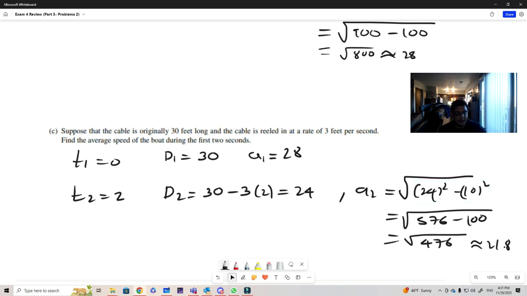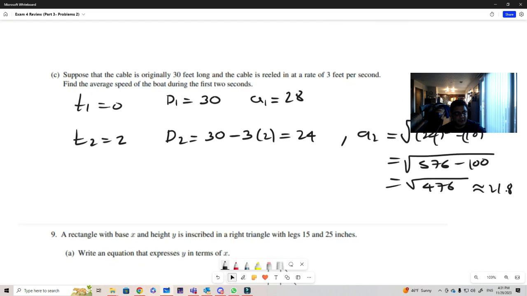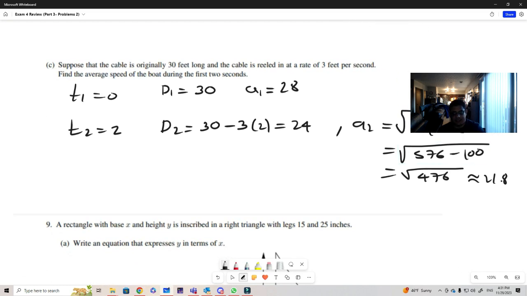Okay, so now to finally do our calculation, the average speed is A2 minus A1 over T2 minus T1. So we do 21.8 minus 28 over 2 minus 0.